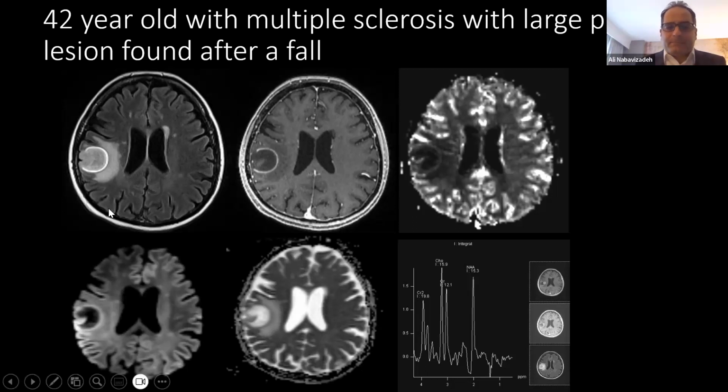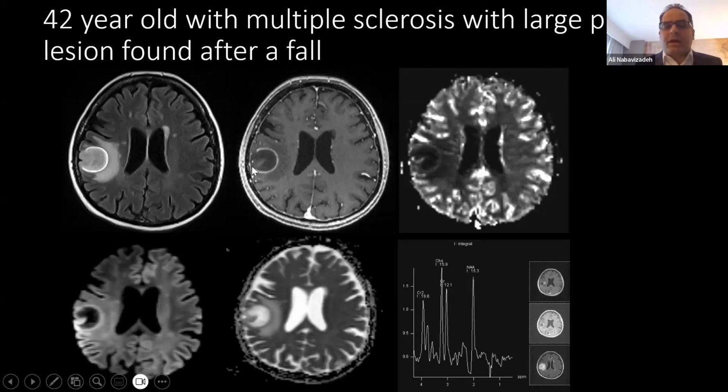You can see rim enhancement, but incomplete rim enhancement with the lack of enhancement facing the cortex. The perfusion is mildly elevated, and so this can tell us that this is not a tumor, because in enhancing tumors like this, we expect perfusion to be elevated more than this.